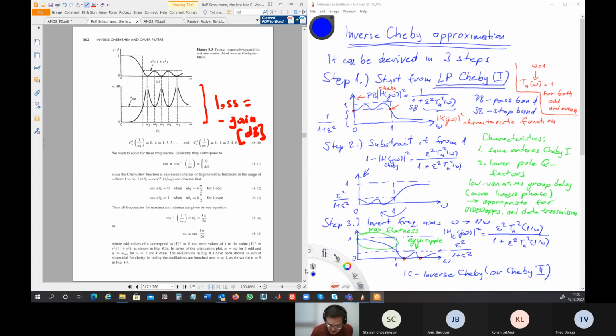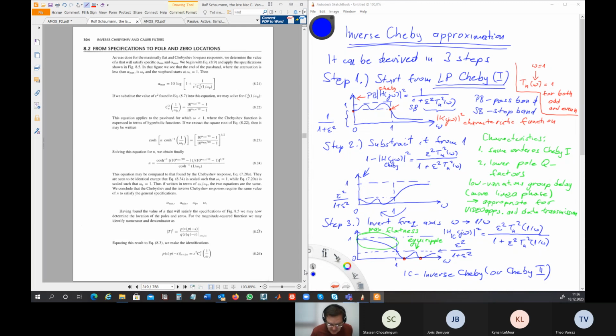Now we will not write about this anymore on our right side, but I just want to show you this is the equation for the order of the Chebyshev approximation.